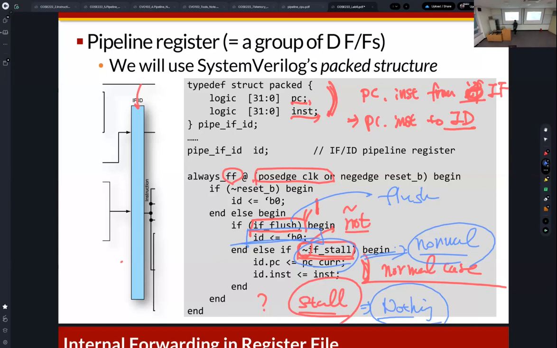That's why I do not define any changes for the stall case. Okay? You understand? So this is the example implementation of the instruction fetch and ID pipeline register. Okay.